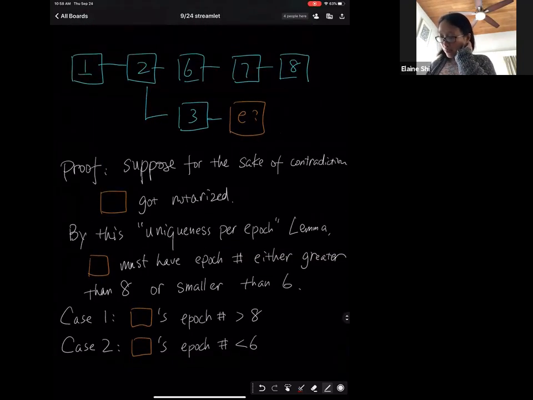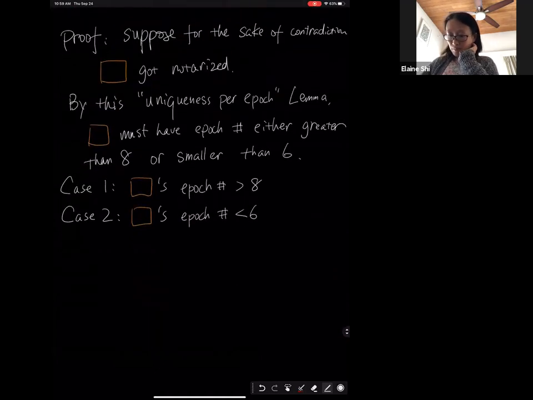In case 1, we assume the epoch number is greater than 8. Without loss of generality, I can assume it's 9, because the proof is the same if it's greater than 9. So case 1, assume this block's epoch is 9, and I claim the proof is the same if the epoch is greater than 9, and you can check it yourself afterwards.